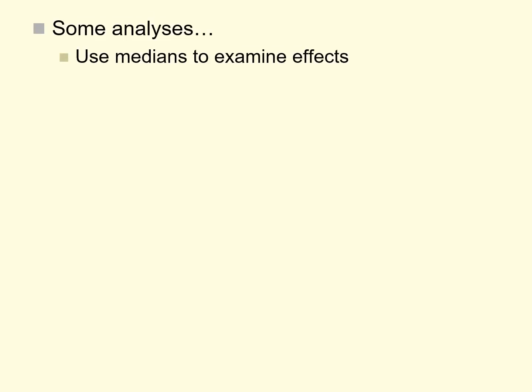Now, recognizing the mean is maybe only really useful if we're talking about populations that are normally distributed. Not always, but especially populations that are symmetrically distributed and especially normally distributed. What do we do in the case of reaction times which are not symmetrical and not normally distributed? Well, some analyses use medians to examine these effects.